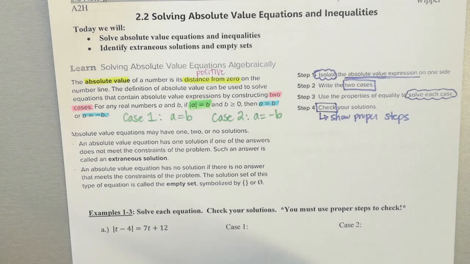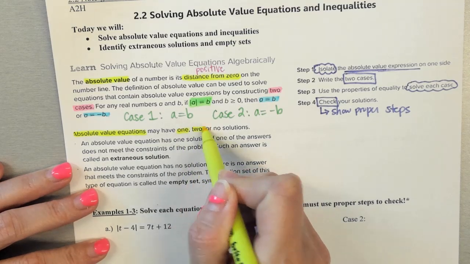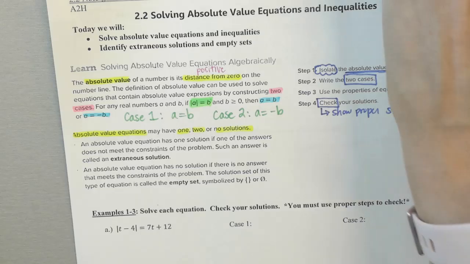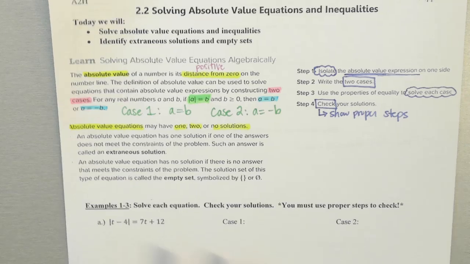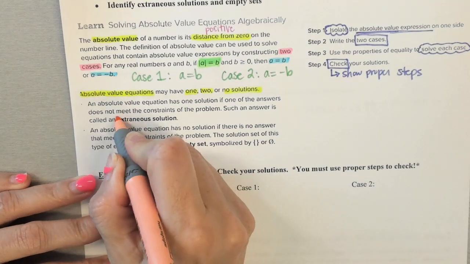Okay, now absolute value equations might have 1, 2, or no solutions. An absolute value equation has one solution if you solve and one of the cases does not meet the criteria. When you have a solution like that, it is called an extraneous solution.